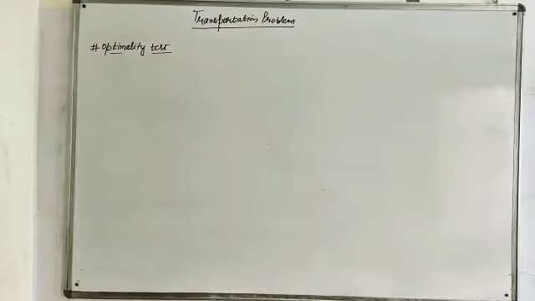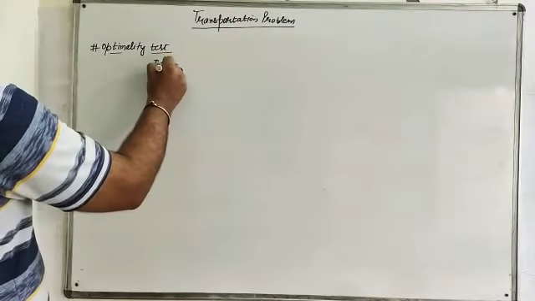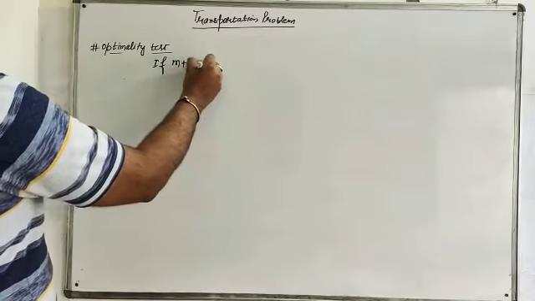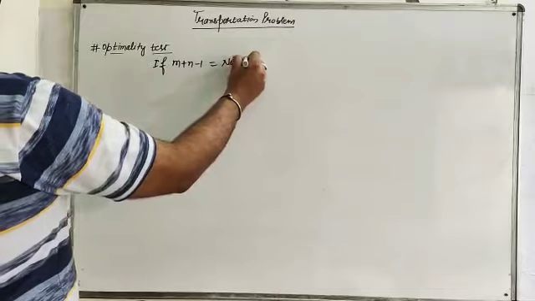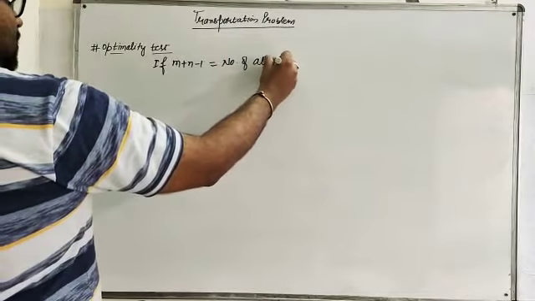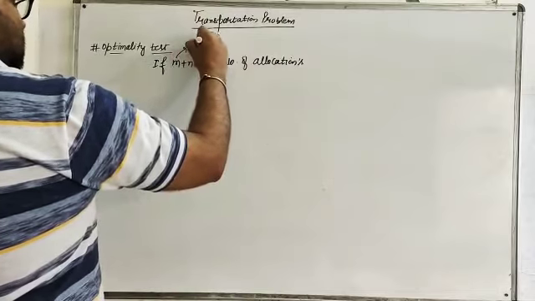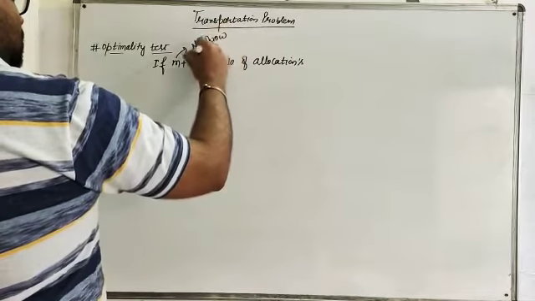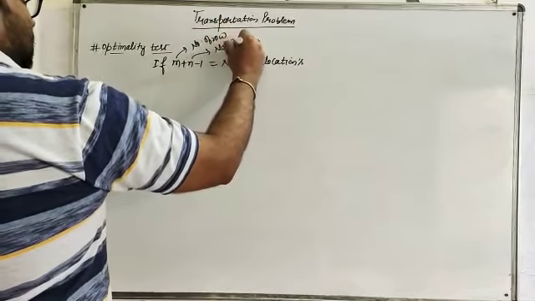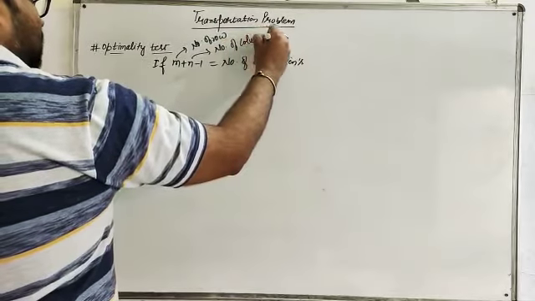That is, we have to test optimality if m plus n minus 1 is equal to the number of allocations. m means number of rows, n means number of columns.